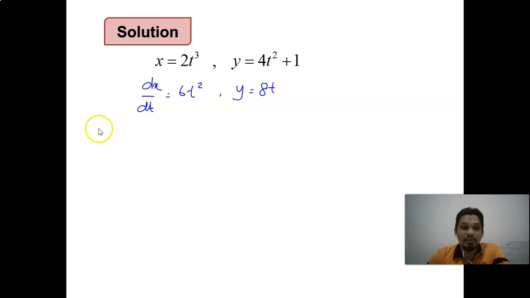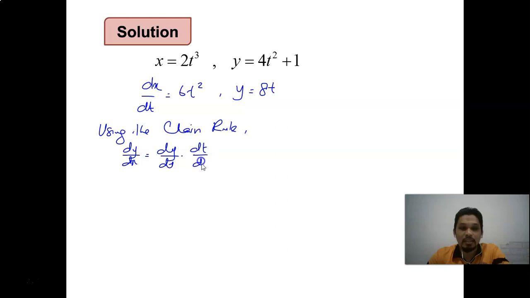So using the chain rule, dy/dx equals dy/dt multiplied by dt/dx. Sorry for my mistake there.